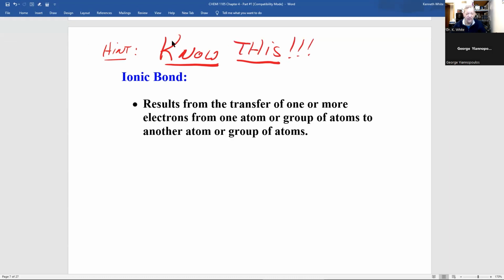And you should know this. You should know what is the definition of an ionic bond.